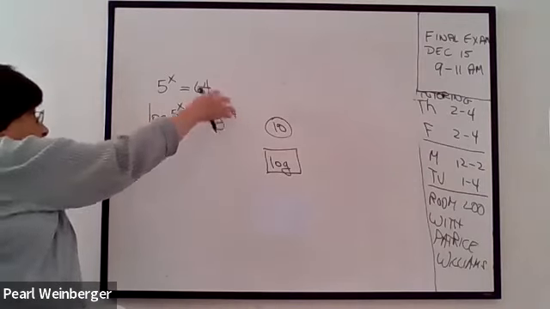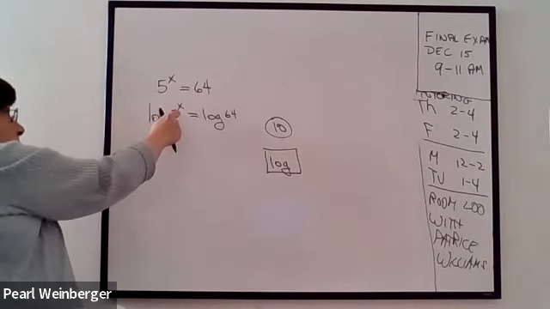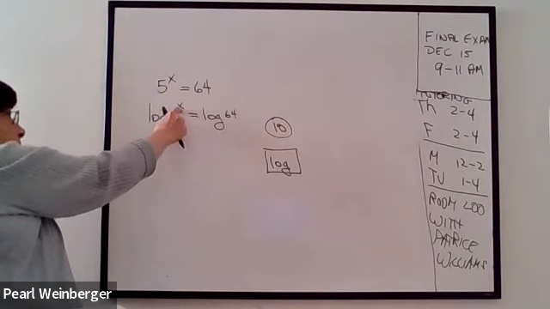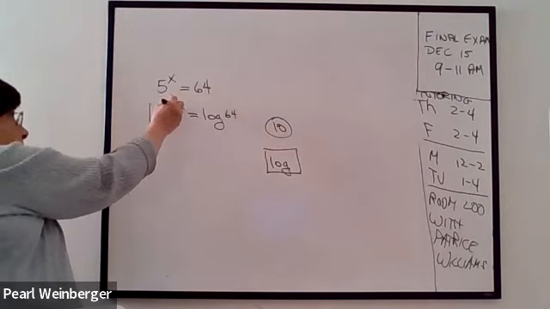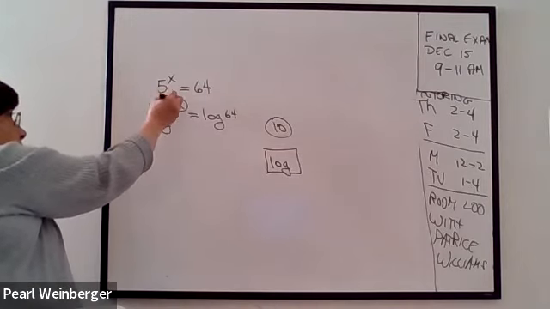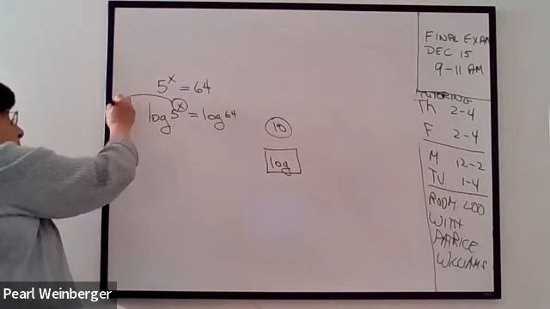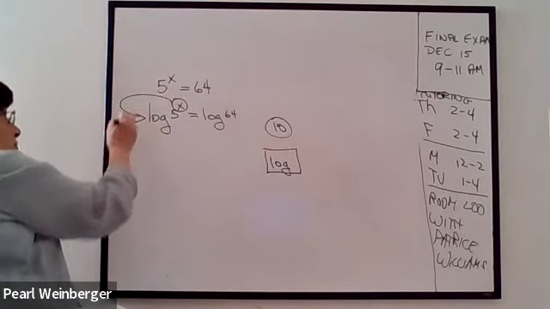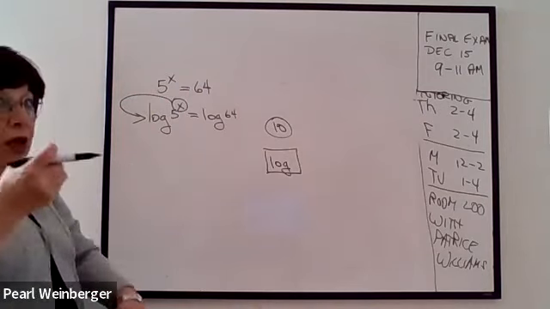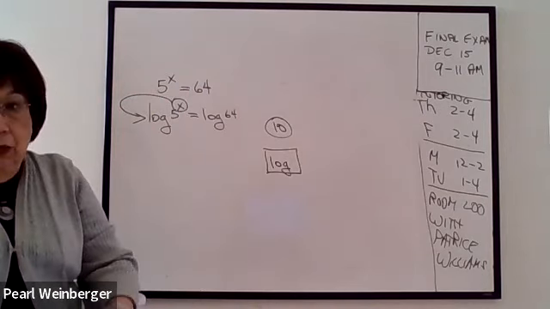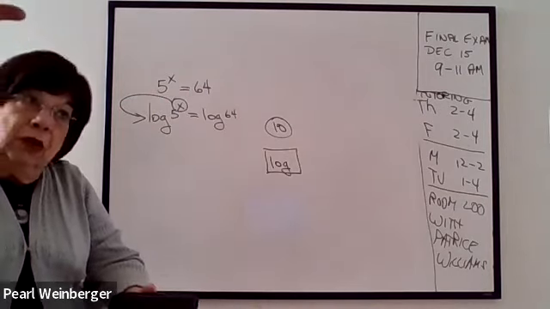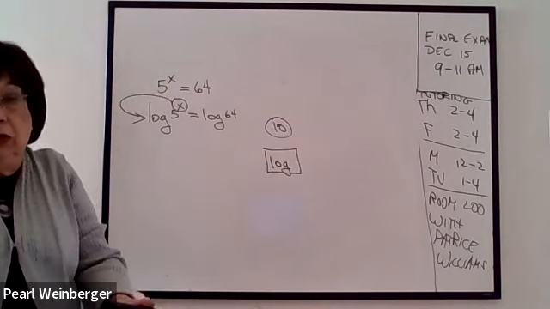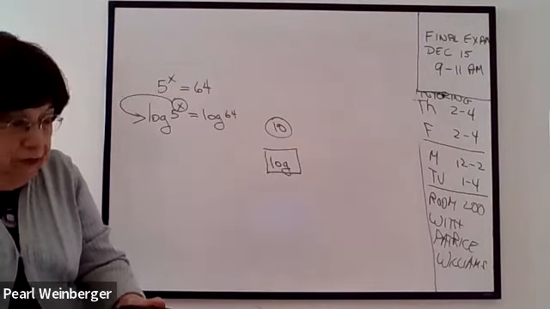I'm looking at this expression, and I see that the 5 has an exponent. But if you remember what I said about exponents, when you're dealing with logs, the exponent becomes the coefficient. Because a log is an exponent, and when you have one exponent and you put another exponent there, what you're doing to the two exponents is you're multiplying.